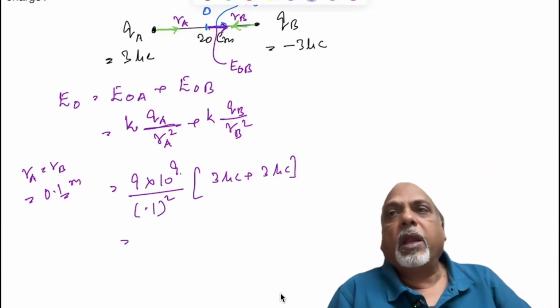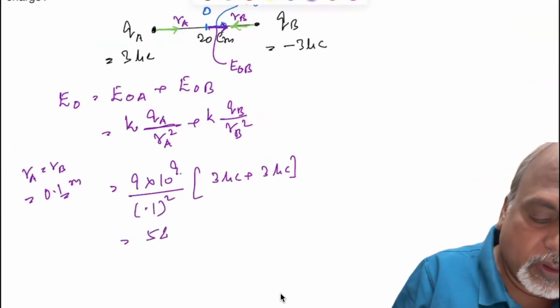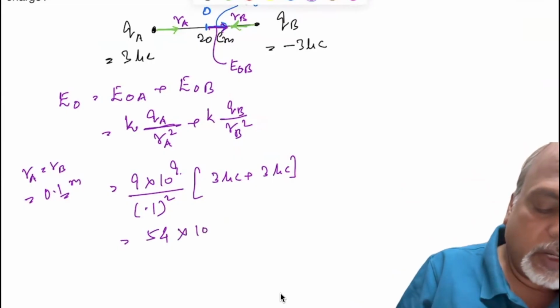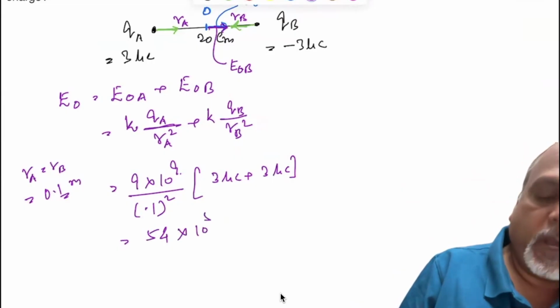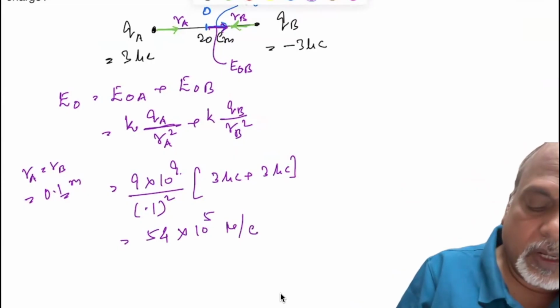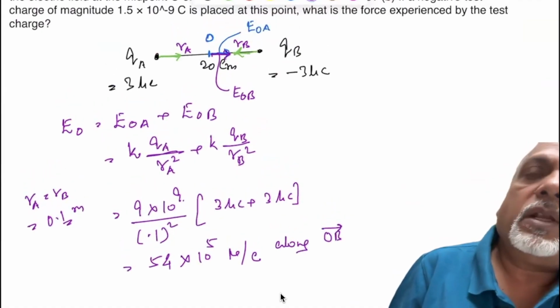If you calculate it, this will come as 54 into 10 raised to 5 Newton per coulomb. The direction will be along OB, correct?